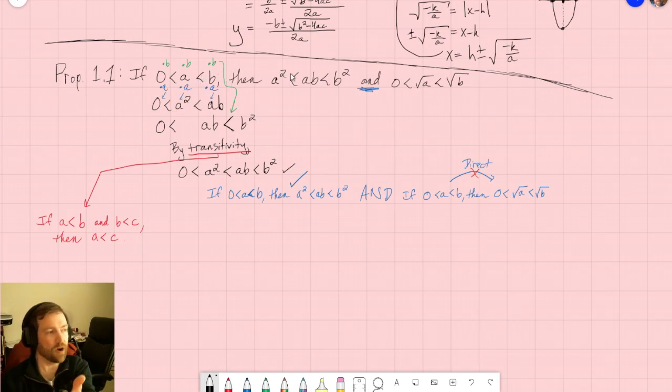Then we need to show that a squared is less than ab is less than b squared, which we did. And also, we need to show that 0 is less than root a is less than root b, which we can't do. So a direct proof leads from a given principle to something that we can find, but in this case, if we start here, we can't end here. It doesn't work.